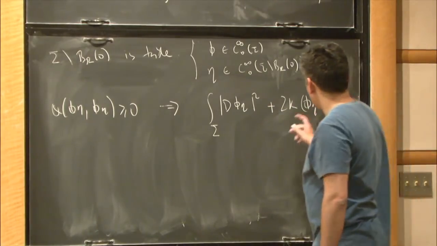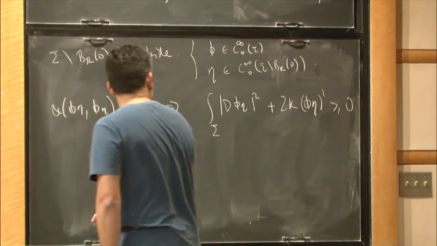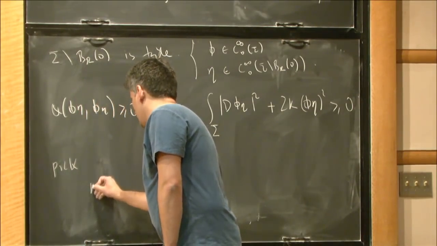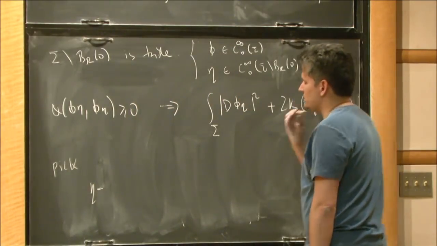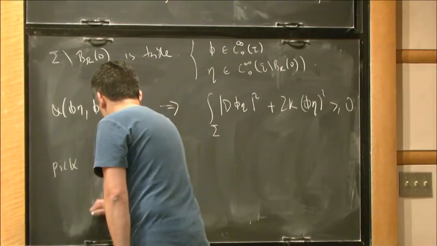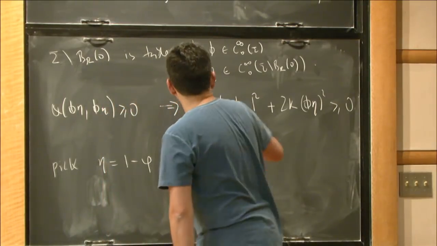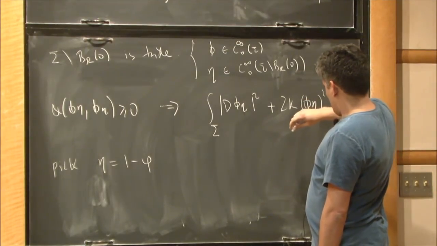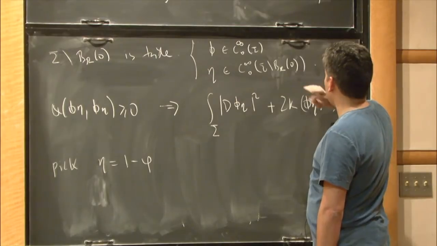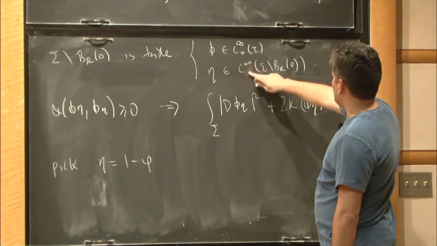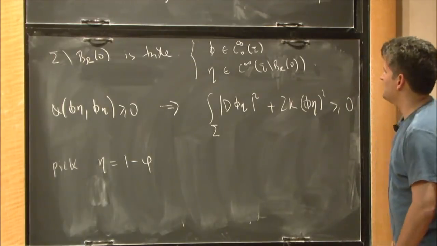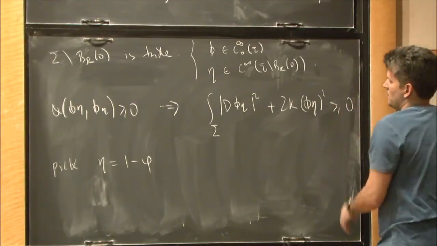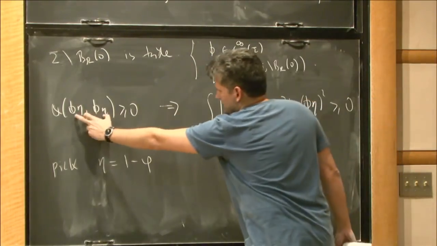Okay, so let me now make a choice of eta. I'm going to choose the usual eta for the log cutoff. Because I want eta to have support outside this ball, I actually don't need it to go down to 0. I can afford this eta to go all the way to 1 at infinity, because if I multiply these two, they're still going to have compact support.